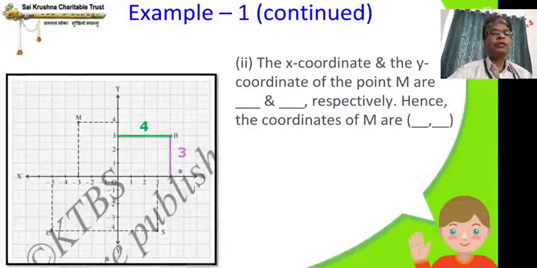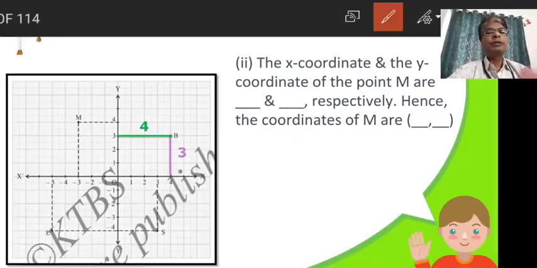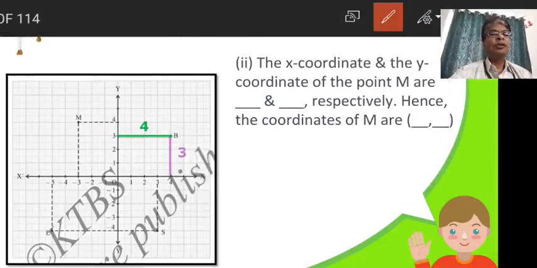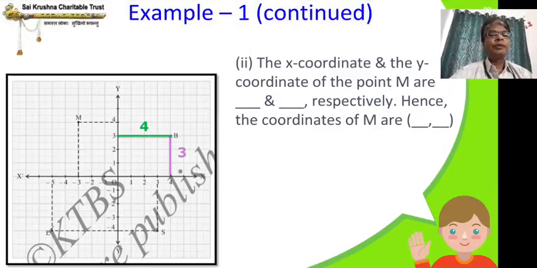So, the next question is the x coordinate and y coordinate of the point M are. So, M you can see on the left side on the top, M is here. Hope all of you have seen, I will erase it. So, now the question is the x coordinate and y coordinate, what are they? Therefore, how will you write the coordinates?